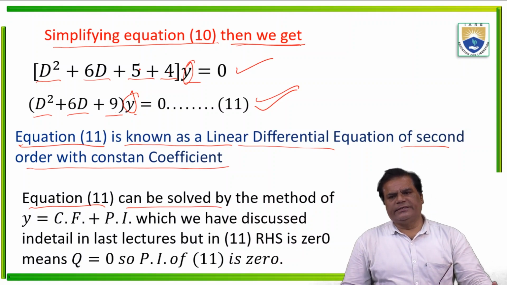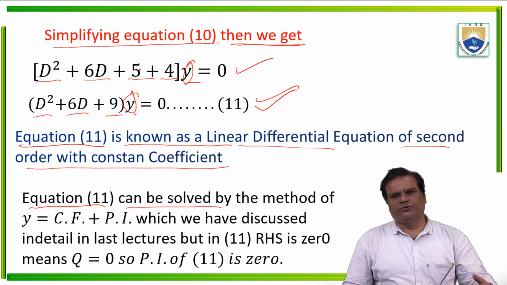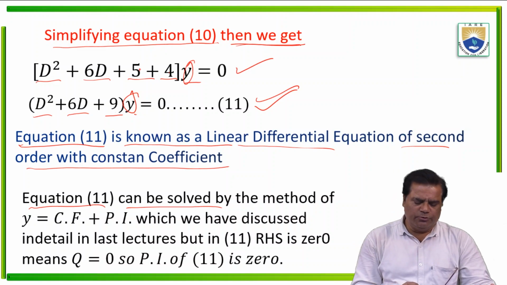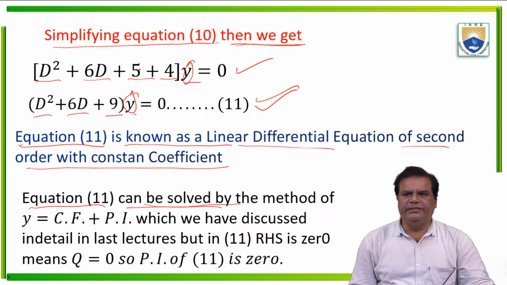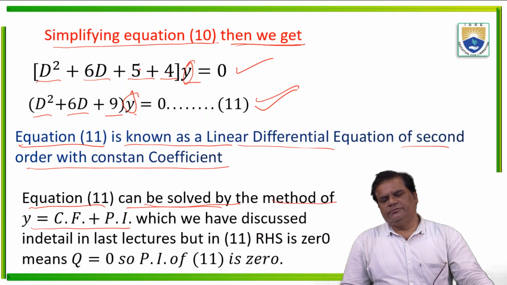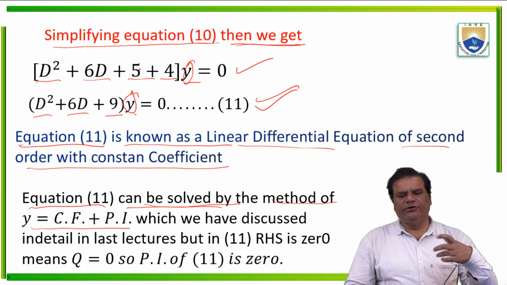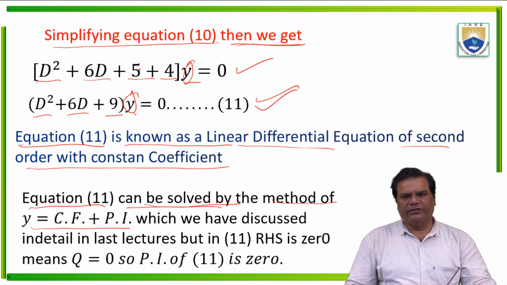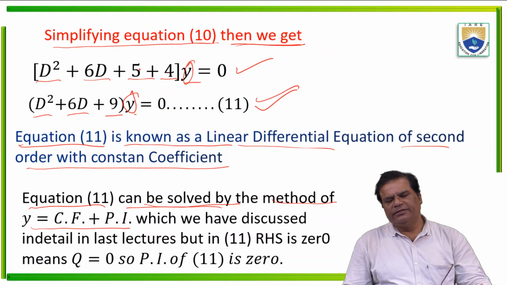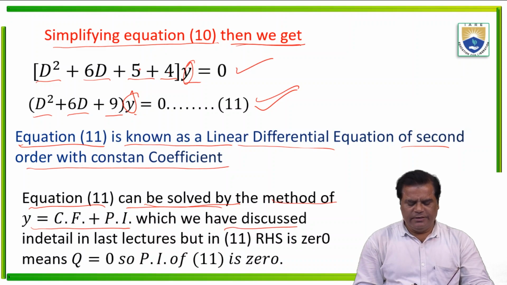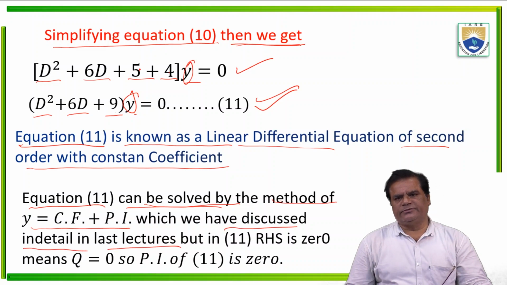How can we solve it? I am telling you here also that equation 11 can be solved by the method y equal to CF plus PI. There are two parts to the solution: the first is the complementary function, and the second is the particular integral, which we discussed in detail in the last lectures.